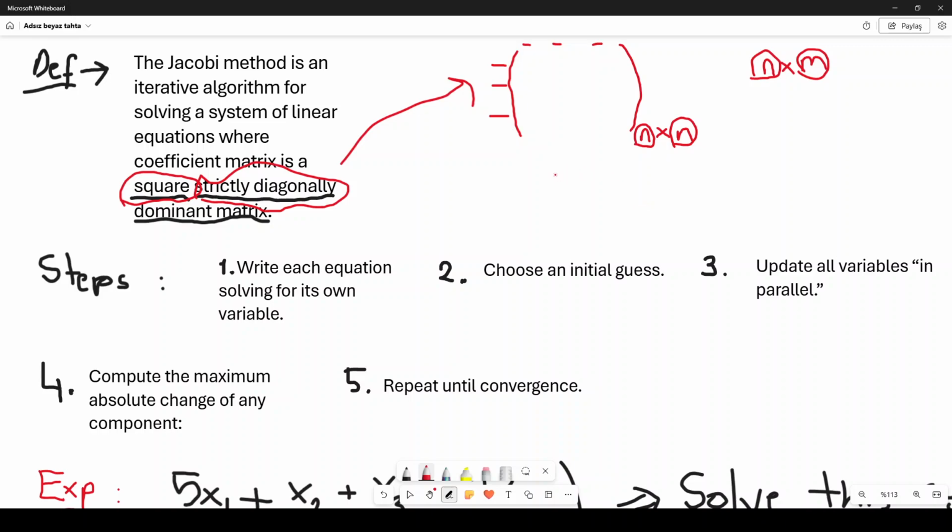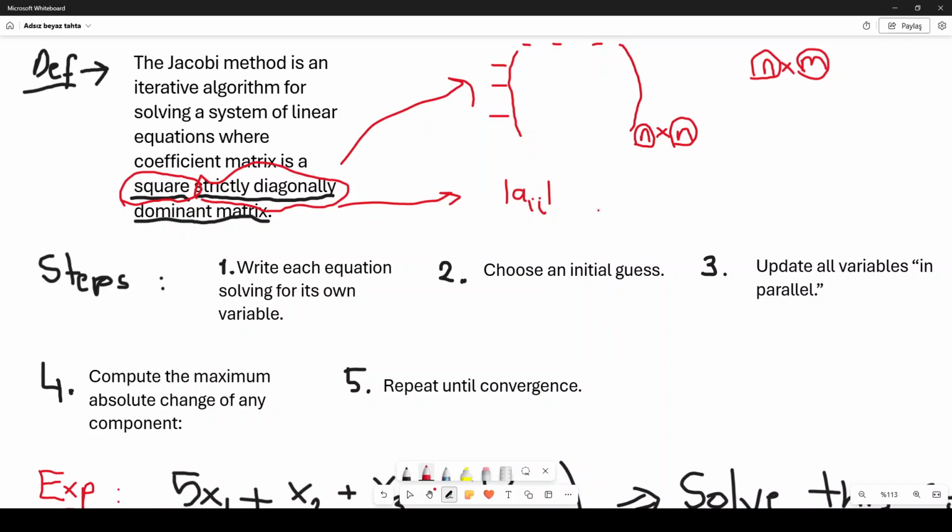Here's the definition. If I want to technically define what a strictly diagonally dominant matrix is, I should write it in this manner. The absolute value of the a_ii entries in the matrix, which are the main diagonal entries. Since we have a square matrix, we have the main diagonal, right?